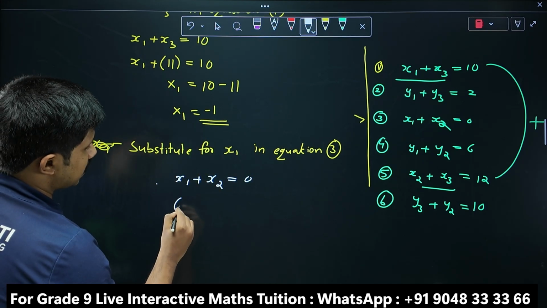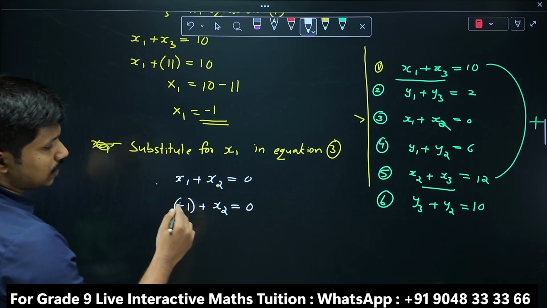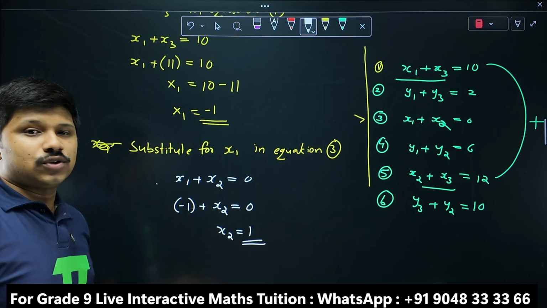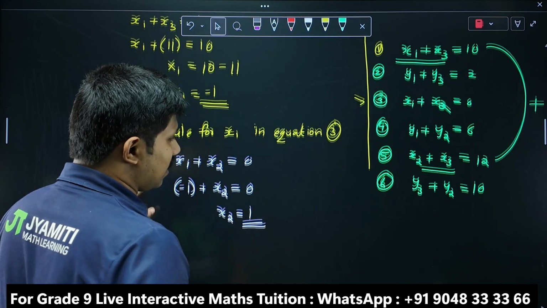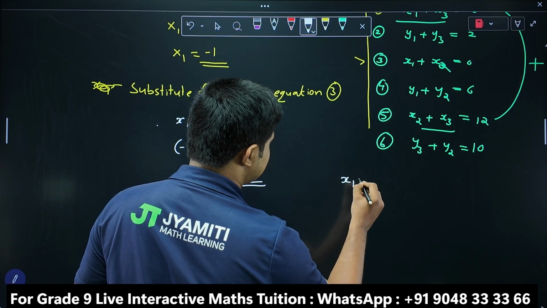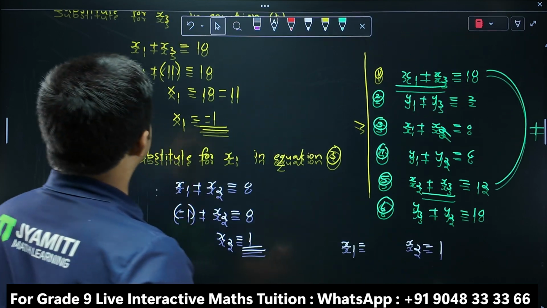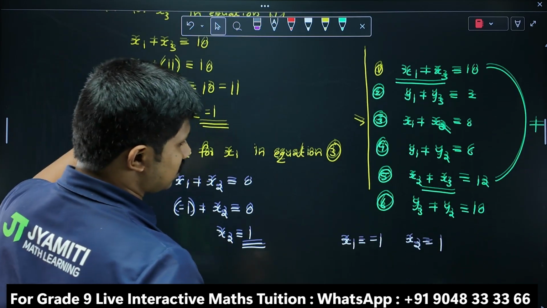So you substitute minus 1 plus x2 equal to 0. Bring minus 1 to the right side. x2 is equal to 1. So we already found x1, x2 and x3. So what are they? x2 is equal to 1, x1 is minus 1 and x3 is 11.